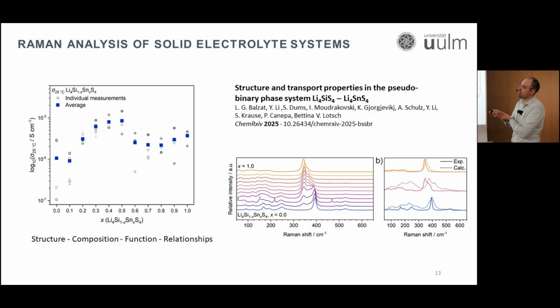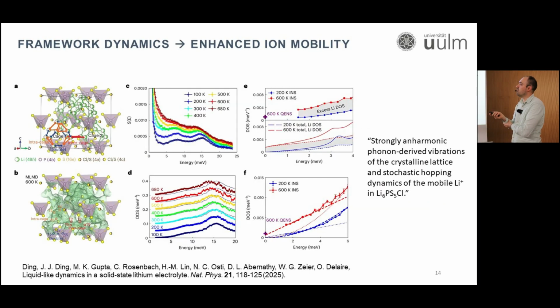You can see that there's no real clear correlation, but on top of that, we were able to find some Raman features that are responsible for these changes in the ionic conductivity, which is something that brings me to a topic that we are currently reading into, which is the aspect of plastic crystals.